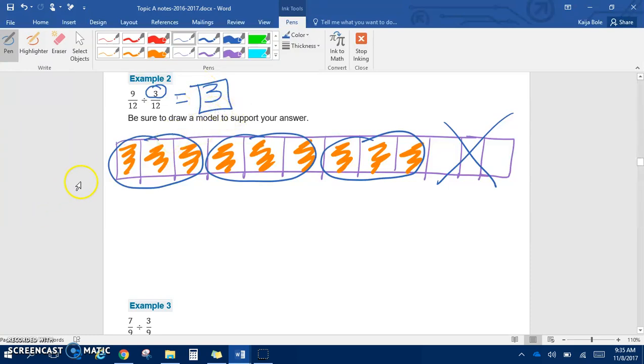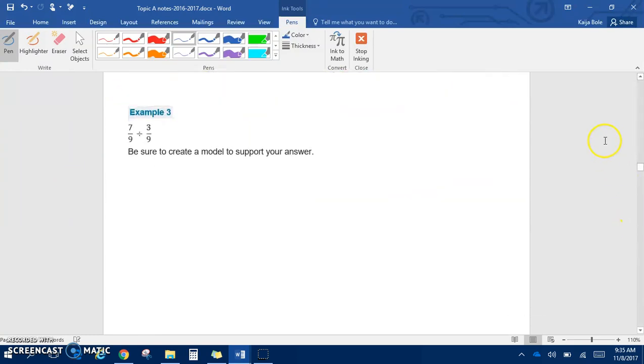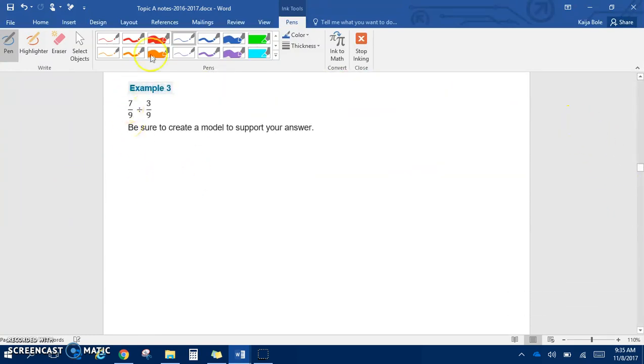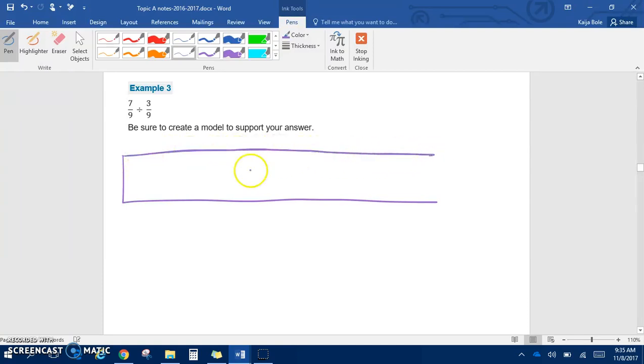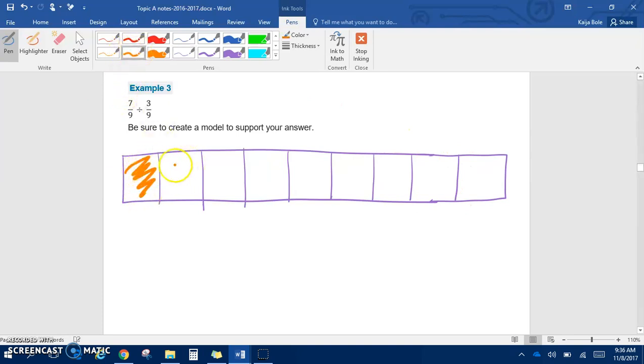Now if we look here at example 3, we have 7/9 divided by 3/9. So I'm going back to 9 boxes here. Here's 9 boxes, and I'm going to shade in 7 of them to represent our 7/9.